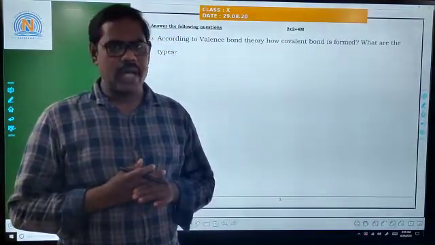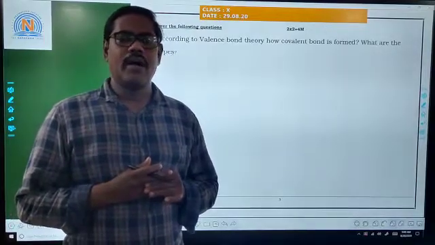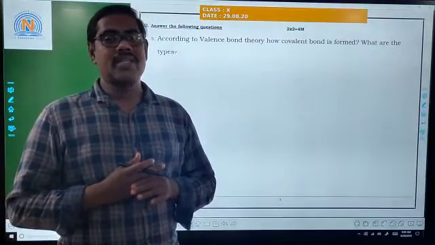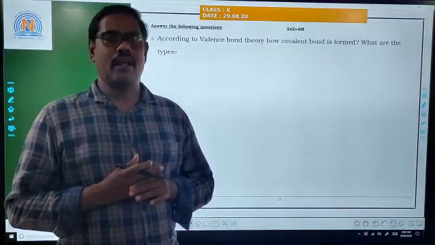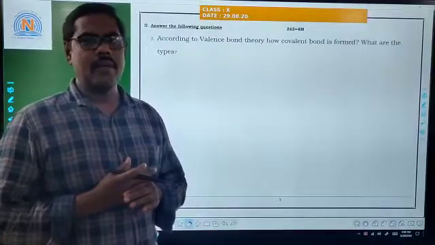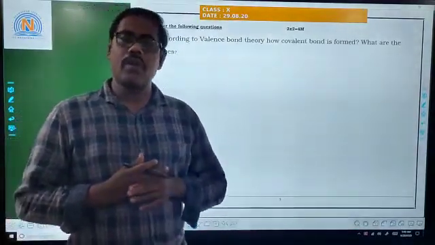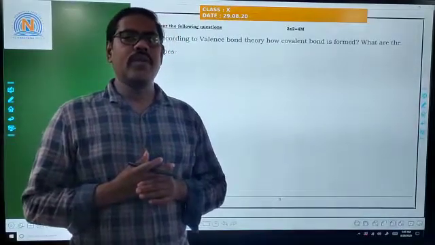The overlapping atomic orbitals must contain an unpaired electron. This is about the formation of the covalent bond according to VB theory.